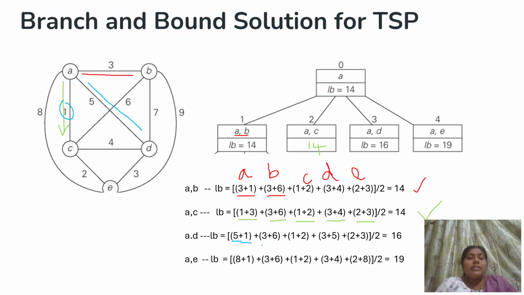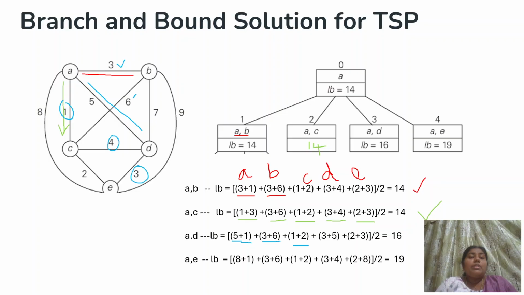So next, in the case of the B node, two smallest ones: 3, 6, 7 and 9 are there. Which ones are smallest? 3 as well as 6. So I am going to select 3 and 6. And next one, for the C node, we have to select 1 as well as 2. These are the two smallest ones. And for the D node, we have two smallest, 3 as well as 4.